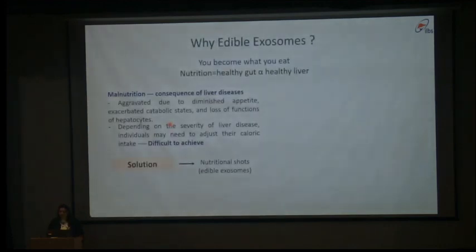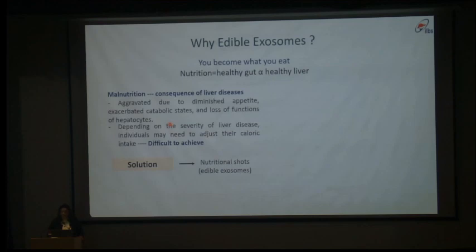So why edible exosomes? We can always eat fruits and vegetables and have the nutrient value, but nutrition is one of the major aspect, and it has been very much looked into liver disease, that many patients undergo malnutrition. There's an aggravated diminished appetite, exaggerated catabolic state, and loss of functions of hepatocytes.